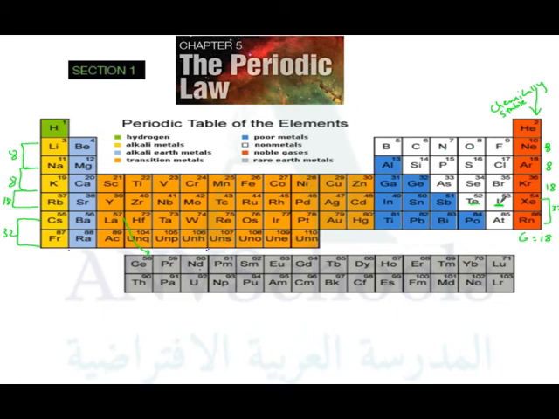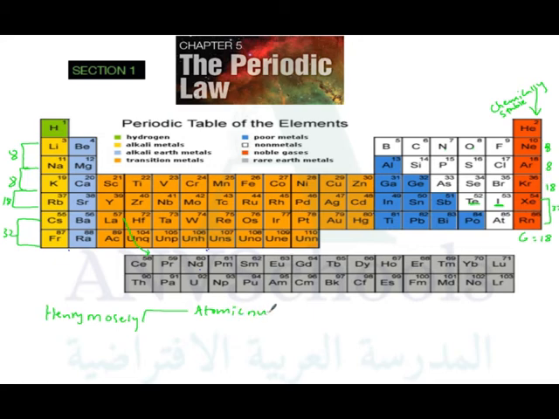So Henry's work ends up in Henry Moseley. He was able to define atomic number.